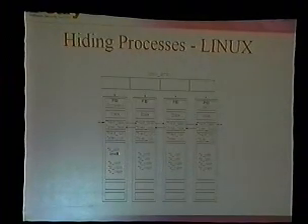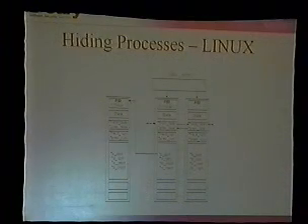Here's a representation of the list of task structs in memory. They're all linked together. But when we go to hide, the parent process, or the first process on the system, is the init process. It has a PID of 0, and it has no parent.